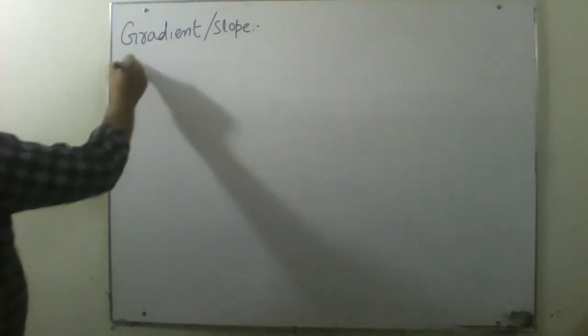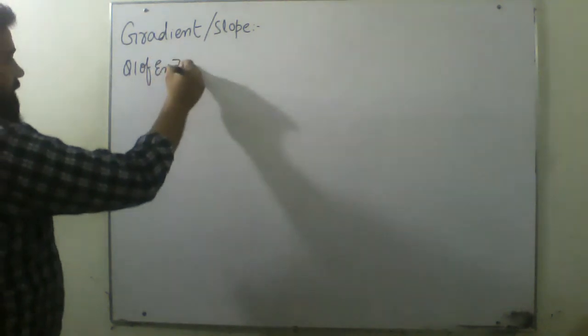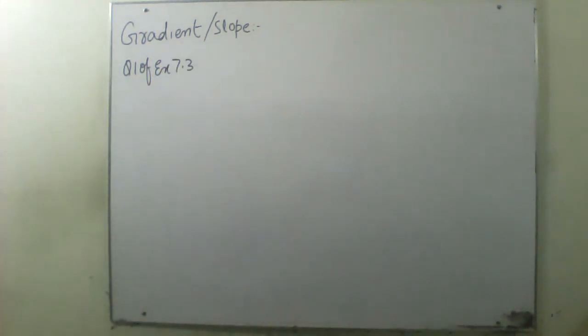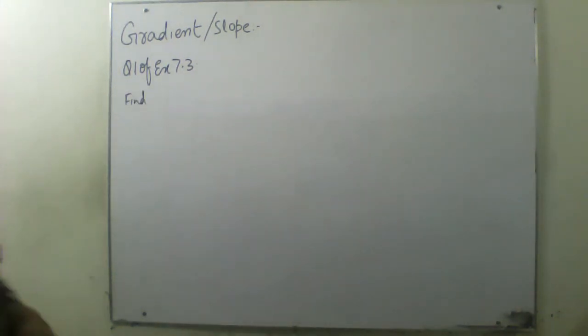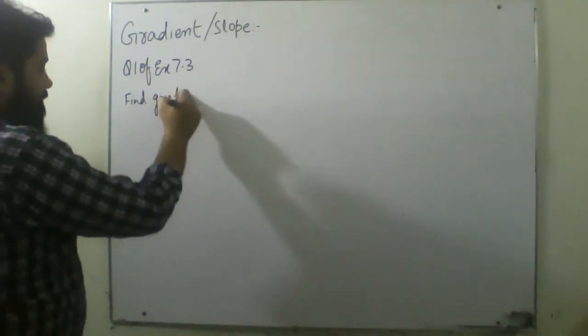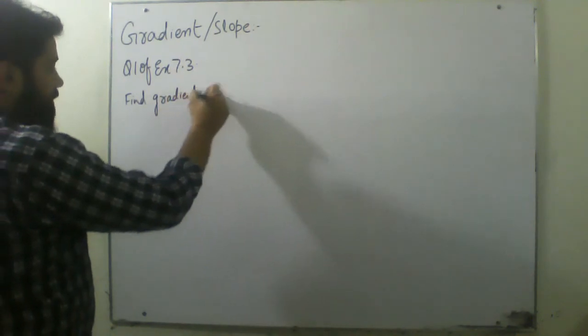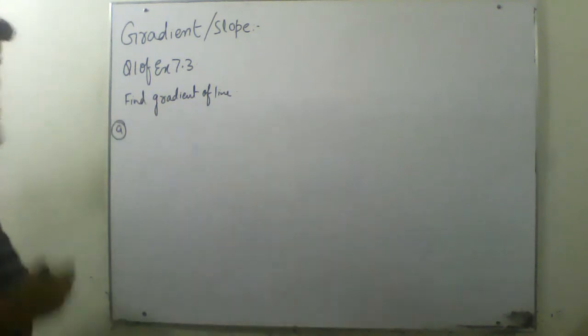Now, question number 1 of exercise 7.3. They are giving us that we have to find the gradient of the given line. They are saying find the gradient of the line passing through some points.